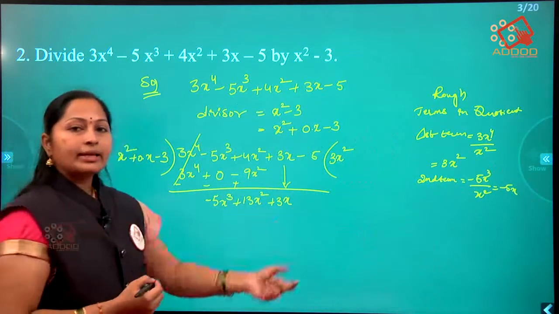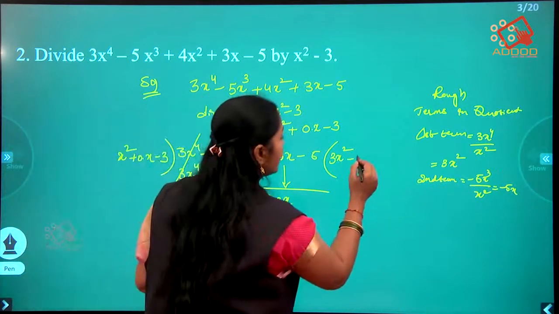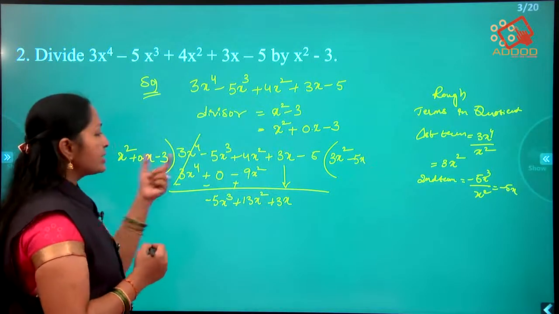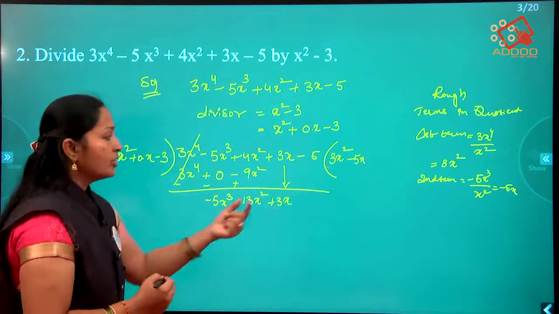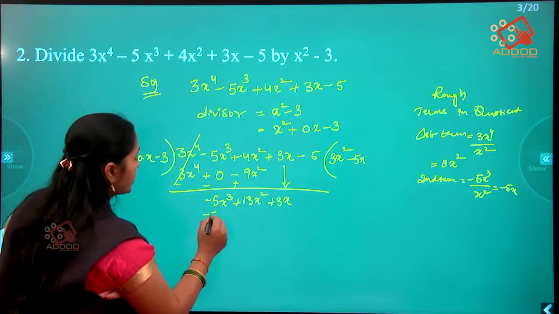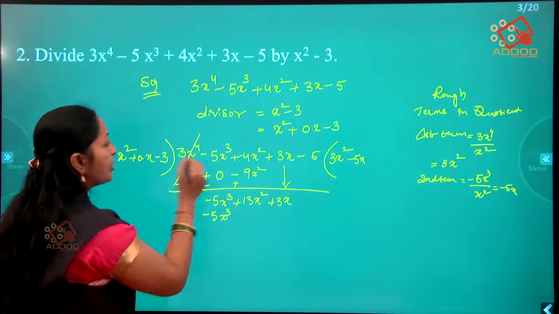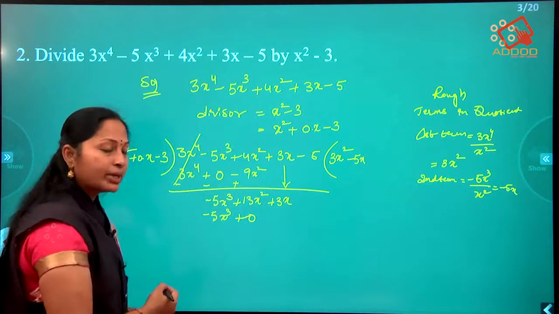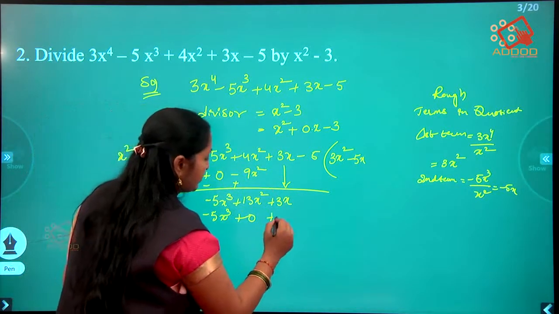This is the second term in the quotient, so it is minus 5x. Now multiply the full divisor with minus 5x and write here. x square into minus 5x becomes minus 5x cube, 0 into anything is 0, minus 3 into minus 5x becomes plus 15x.